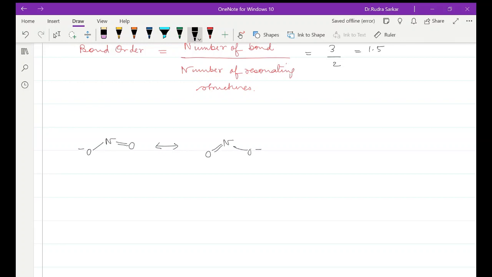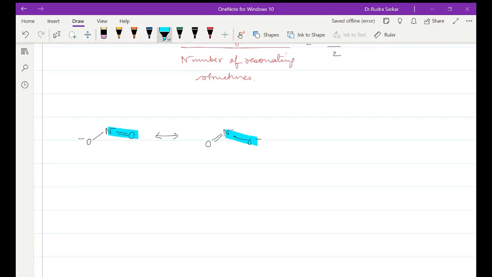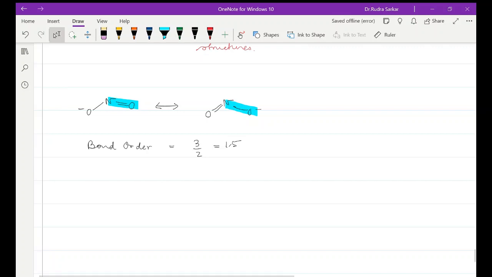And again, just like for the ozone, we can see there are two resonating or canonical structures. And if we choose two such atoms, we will say what is the bond order. Again, we use the same formula. And if we say what is the number of bonds between two atoms from all the resonating structures, it will be 3 divided by 2. So it is going to be again 1.5.